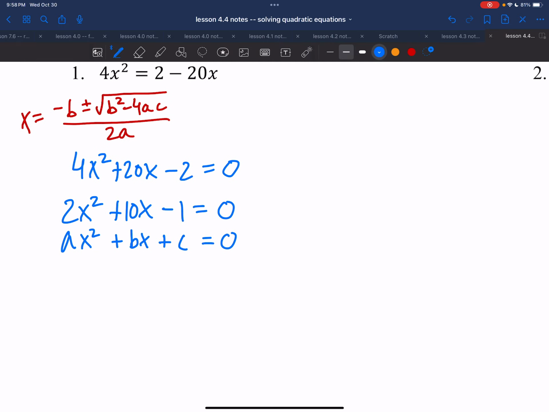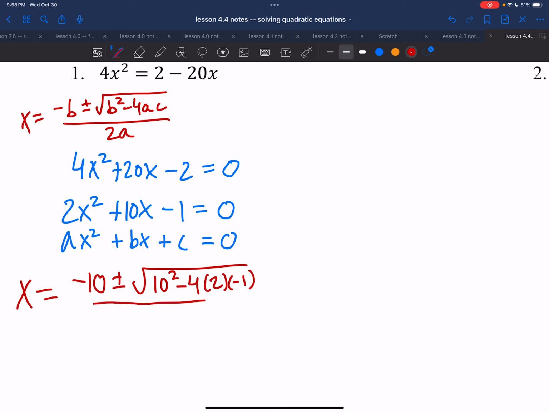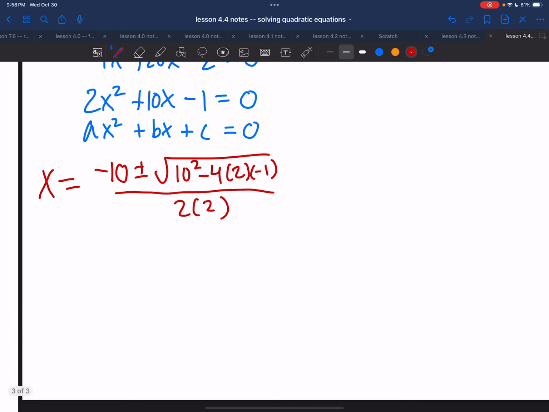And so we will plug in our numbers to the quadratic formula. x equals negative b, which is negative 10, plus or minus the square root of b squared, which is 10 squared, minus 4 times 2 times negative 1, all over 2 times 2, because that's what a is. And I say there it is, right?